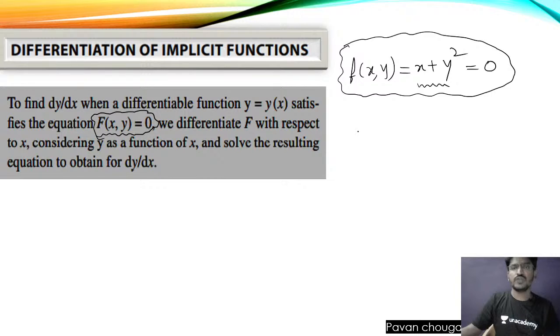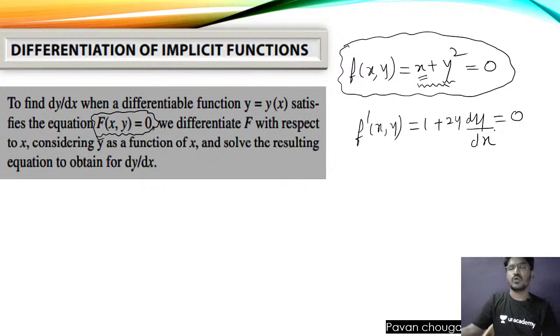Now I want to differentiate this. As you all know, differentiation of x is 1, plus the differentiation of y square, which will be 2 into y into dy by dx, is equal to 0.